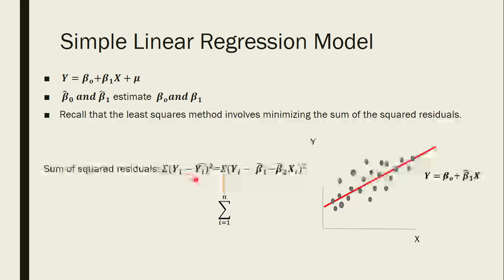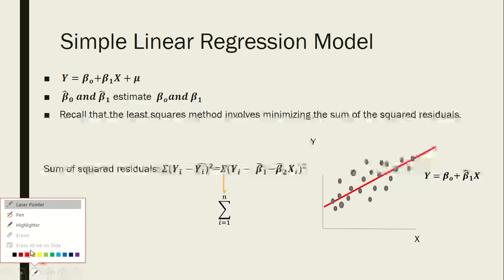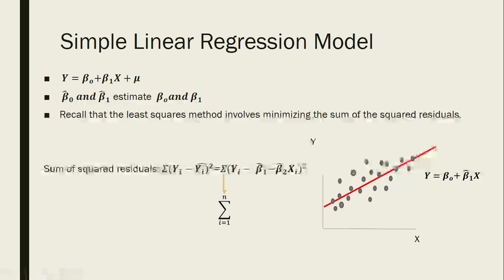This value of y would have a positive residual that is equal to the vertical distance from the point to the line, this value.